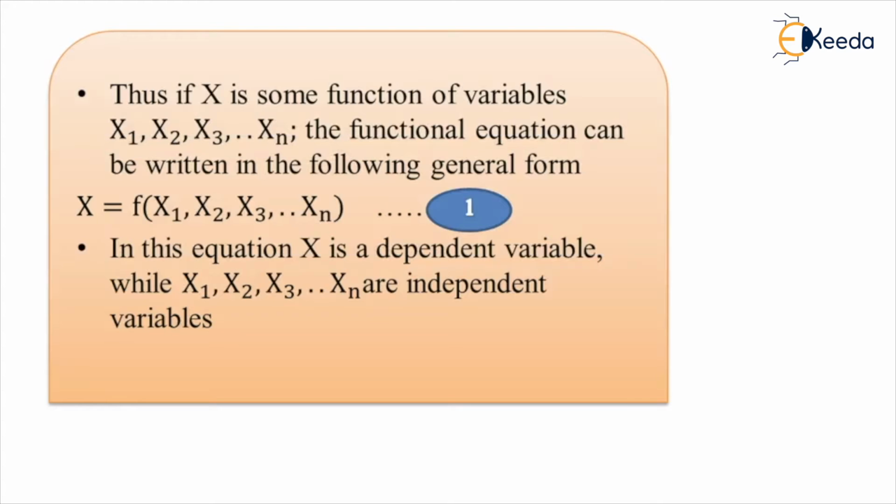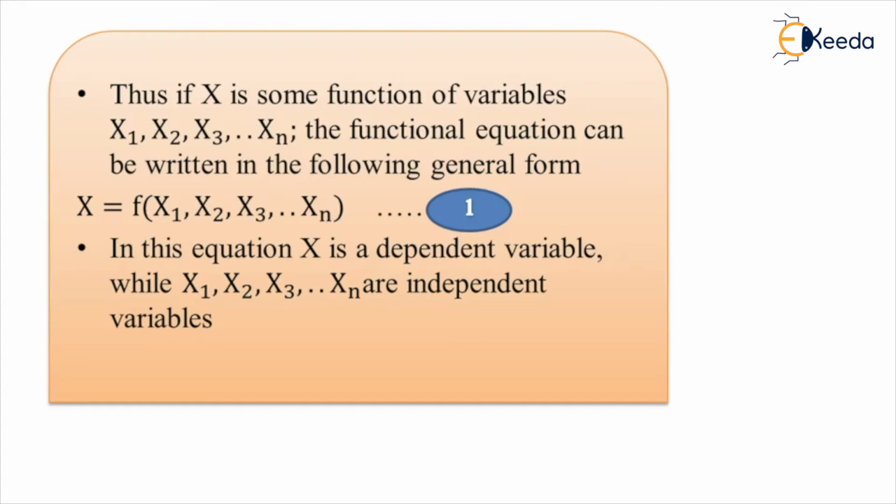Thus, if capital X is some function of variables x1, x2, x3, ..., xn, the functional equation can be written in the following general form. Capital X is equal to function of x1, x2, x3, ..., xn. This is our equation number 1.